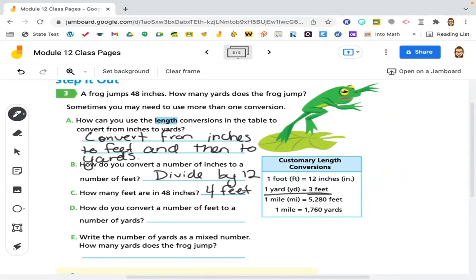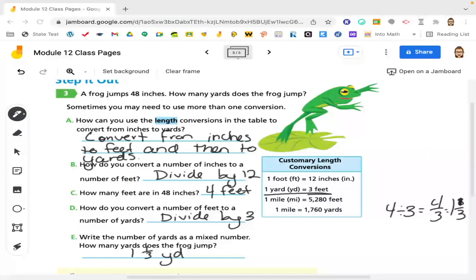Well, over here there are 3 feet in a yard, so we divide by 3. So write the number of yards as a mixed number, and how many do you get? So 4 divided by 3, we write as 4 over 3, which simplifies to 1 and 1/3. So we get 1 1/3 yards.